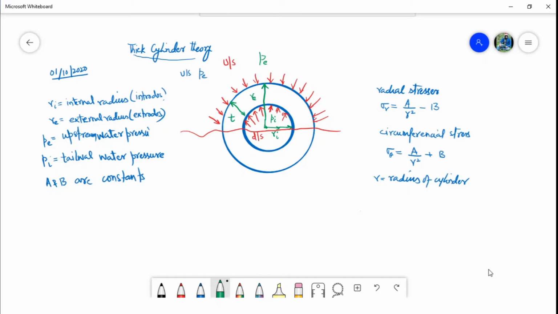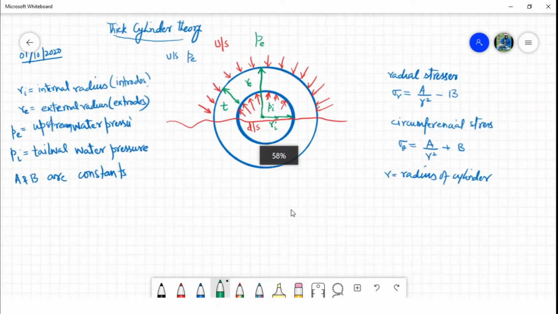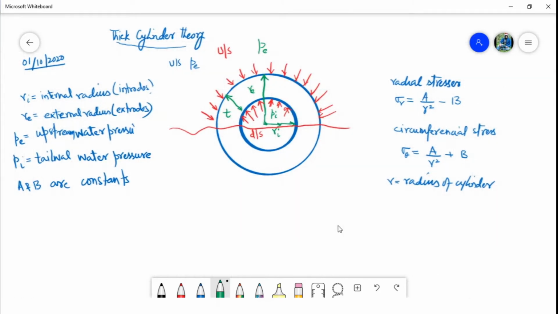Now suppose this is a thick cylinder, and this is the internal radius, this is the external radius.